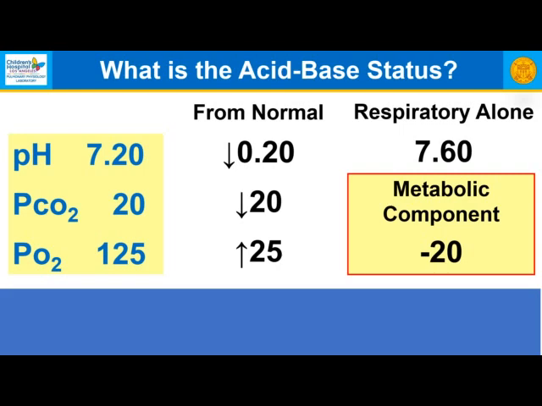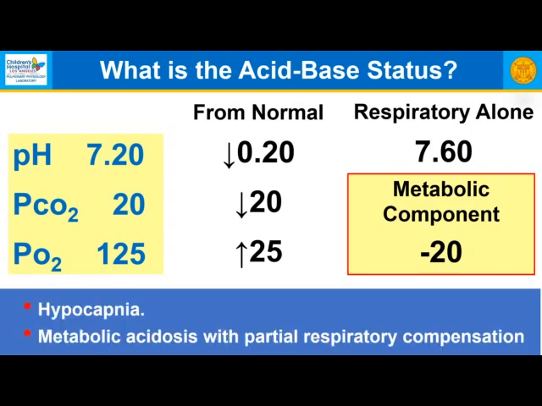All right. So the bicarb here would be a normal bicarb of 25 minus 20, which would be 5. Obviously pretty acidotic. There's basically acidosis here, so the metabolic component is primary and the respiratory is compensatory. So you have hypocapnia, you have a metabolic acidosis with partial respiratory compensation. Again, partial because the pH is not returned entirely to normal.